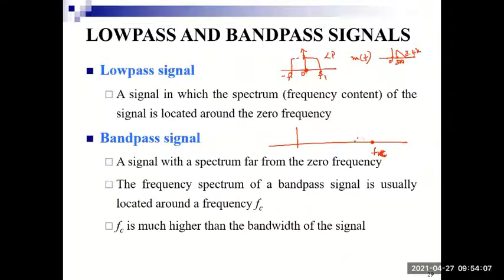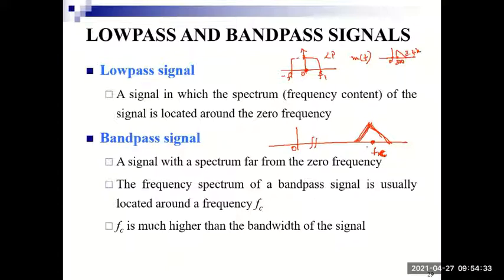Whereas a signal which lies far away from 0, in the vicinity of a high frequency known as the carrier frequency, is known as a band pass signal. So a signal with a spectrum far away from the 0 frequency. See, this signal has a spectrum which is quite far off from 0 frequency. And the frequency spectrum of the band pass signal is usually located around the carrier frequency Fc.